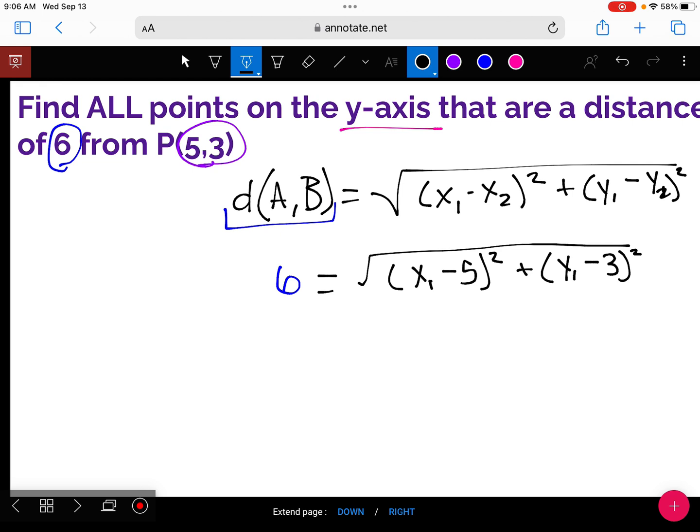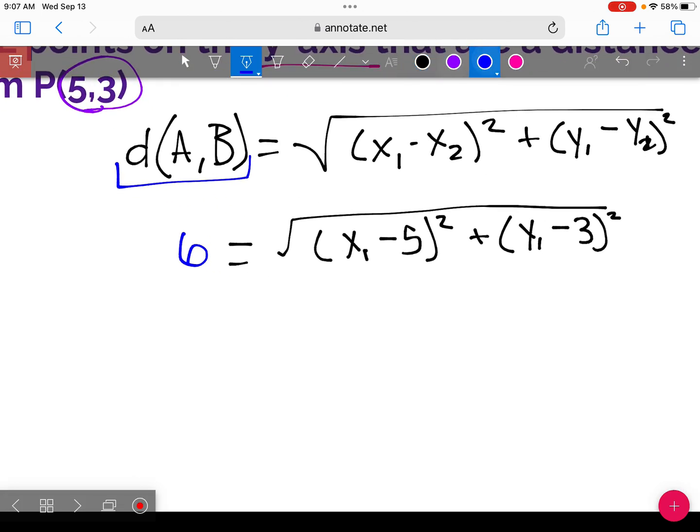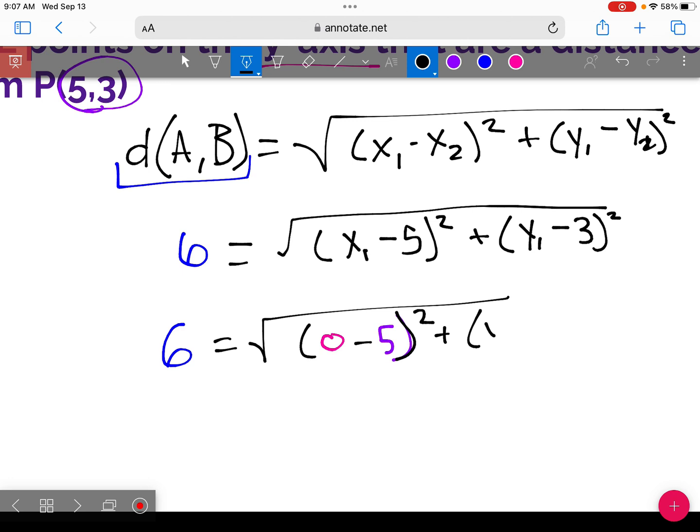My x is 0. So we know 6 equals the square root of 0 minus 5 squared plus whatever the y is minus 3 squared.